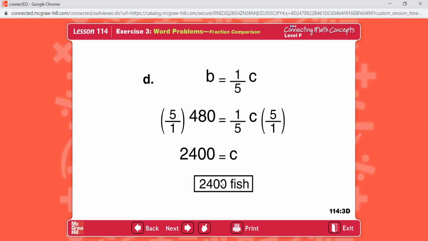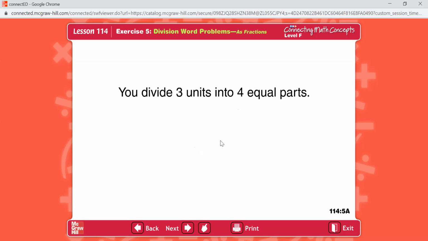Now, let's move on to some division word problems. Last time you wrote equations for division problems. You wrote them as fractions. You divide 3 units into 4 equal parts.